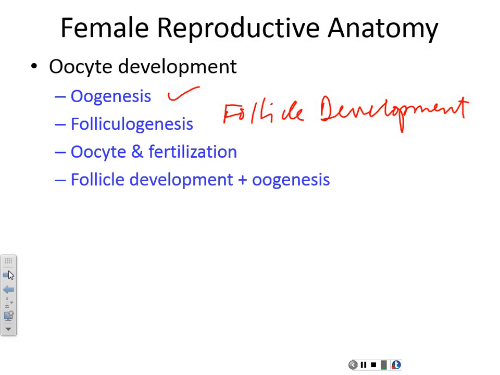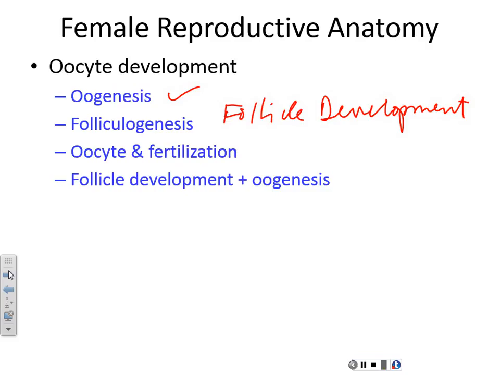I might ask about spermatogenesis, but when it comes to the female, I'll have you talk about follicle development, because oogenesis is similar to spermatogenesis. I've asked about that in the male, so you know about that. So we want to know about follicle development because it produces the corpus luteum. So from the secondary oocyte, with all those vesicles spread out in the granulosa cells and the theca externa and theca interna, right?